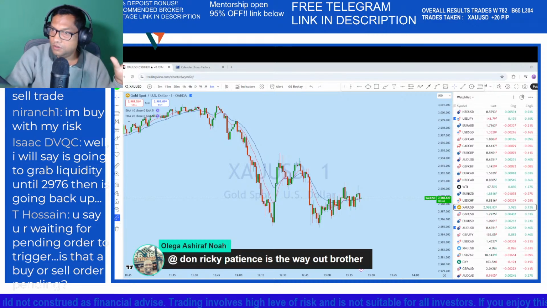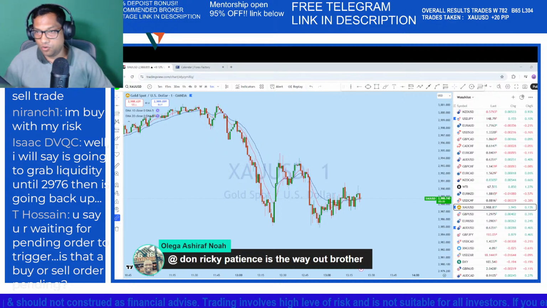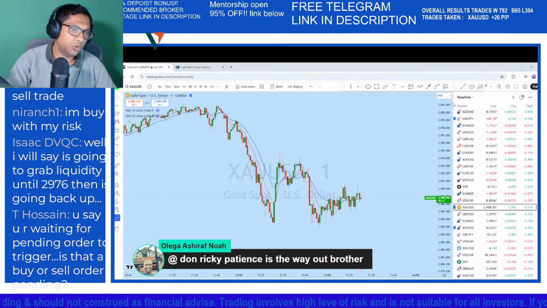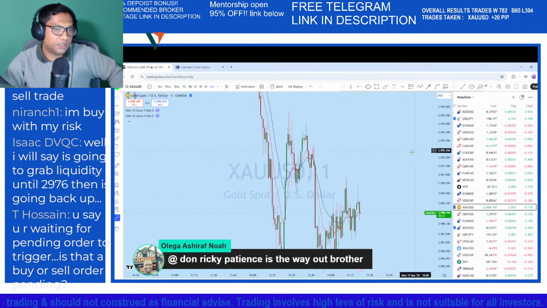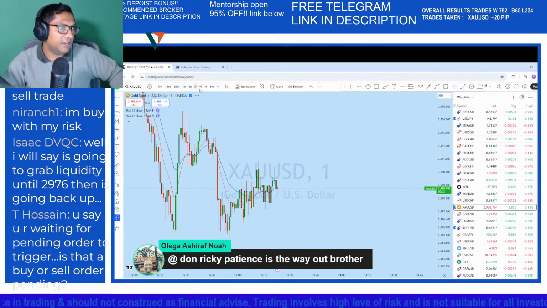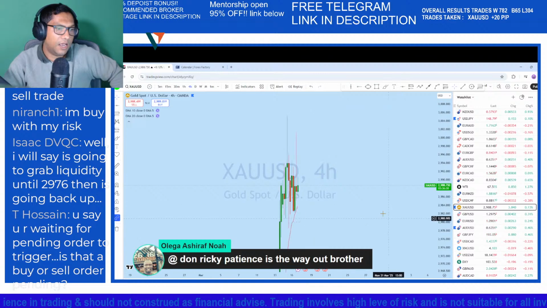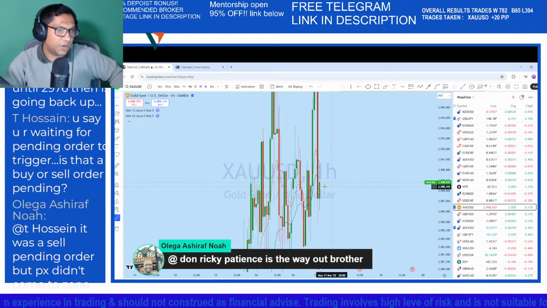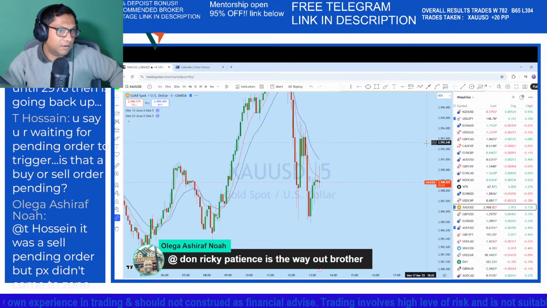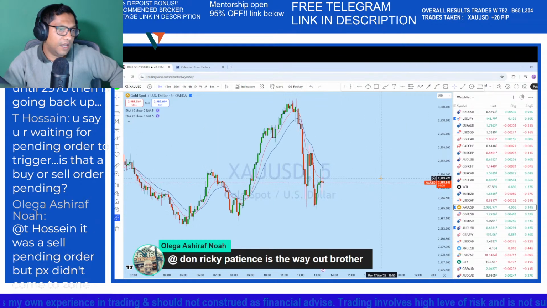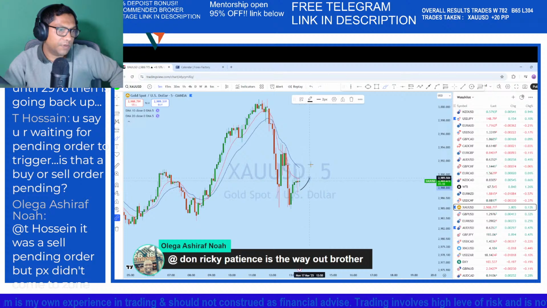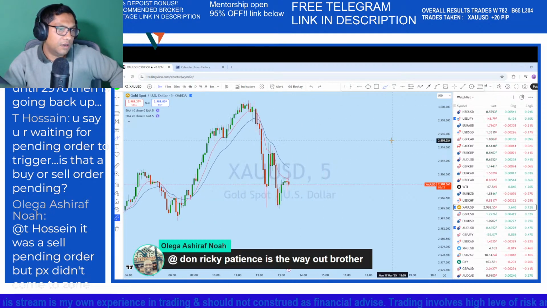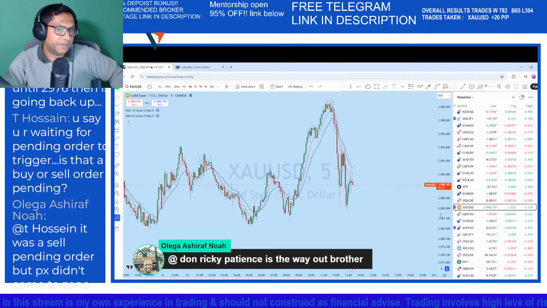Tomorrow is an important day for CAD, followed by JPY on Wednesday. So we see a very important price action here on XAUUSD, and with that important price action from the support level here, a doji formation, and with the doji, what you can expect is potentially upside movement.